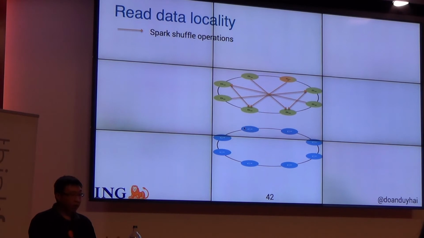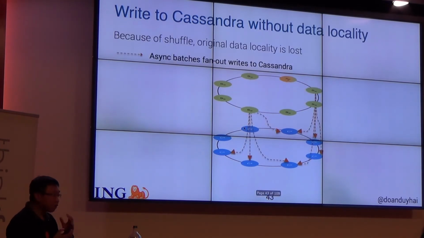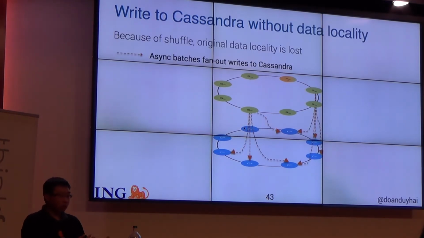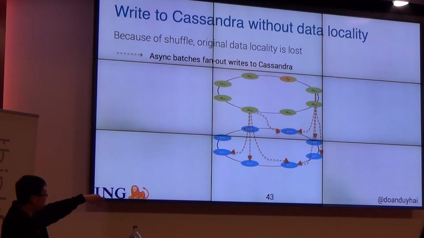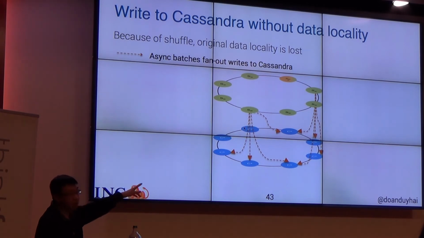After a shuffle, you lose the data locality with Cassandra because you are moving data around, so you lose the matching between a Spark partition and Cassandra token ranges. After a join, if you want to save your data back into another Cassandra table, the data locality is lost, so the connector will just send batches to many nodes.